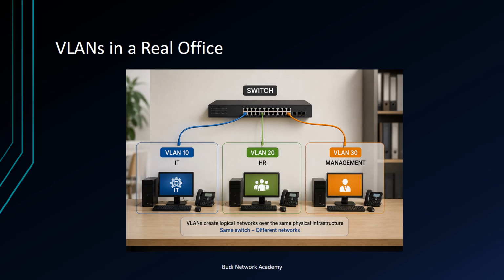And management devices can be assigned to VLAN 30. All of these devices can use the same physical switching infrastructure. This makes the network much easier to manage as the company grows. And if we add a new employee to the IT department, we can simply assign their switch port to the appropriate VLAN.